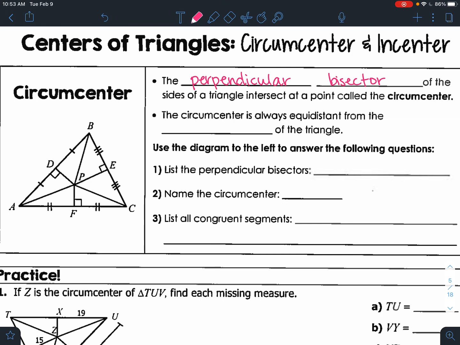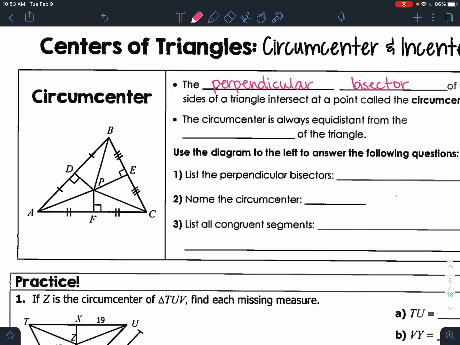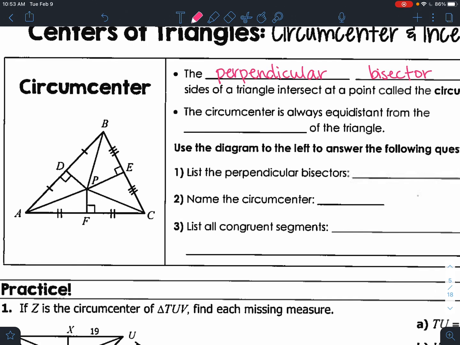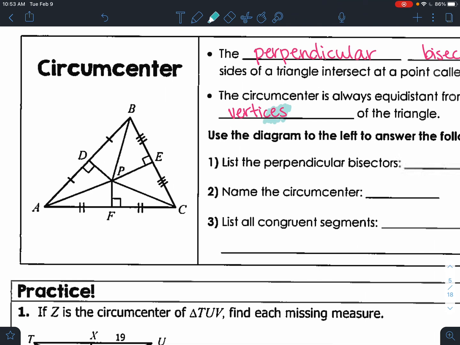The perpendicular bisectors of the sides of a triangle intersect at what we call the circumcenter. That circumcenter is always equidistant from the vertices of our triangle. So if I look here, I'm going to use my highlighter, it's equidistant from the vertices.